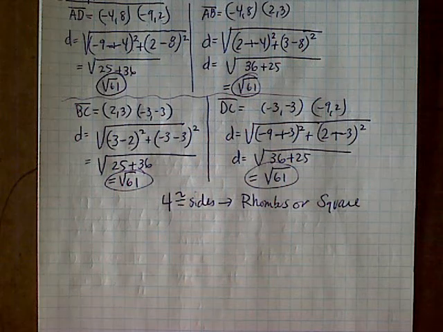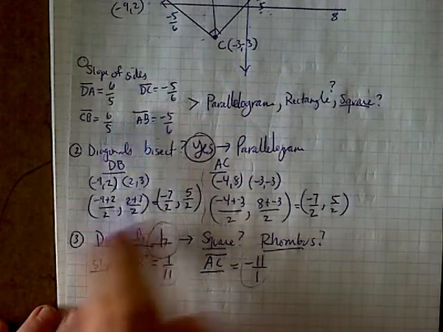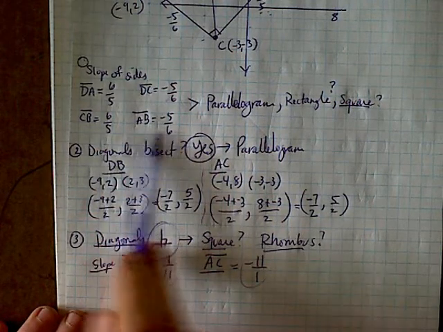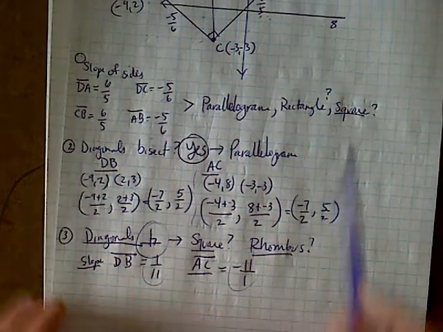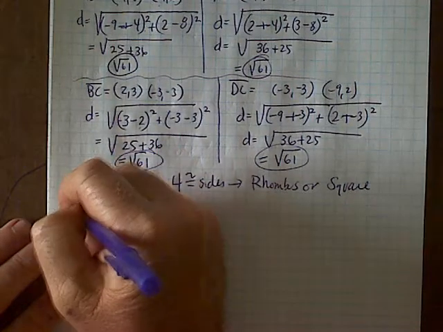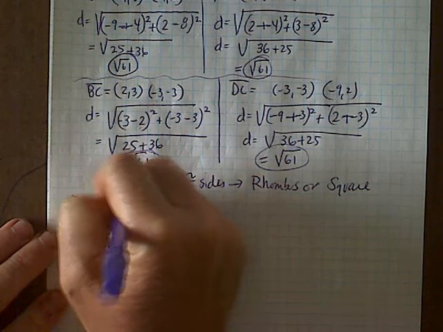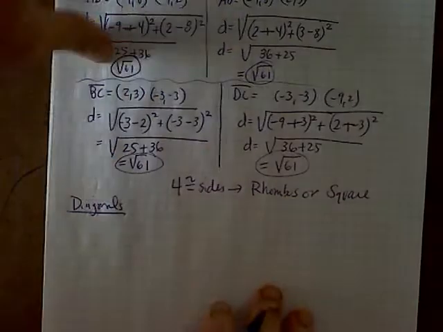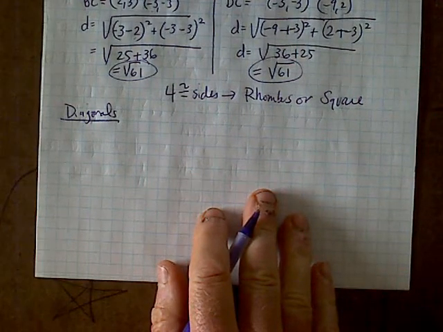We already talked about that the consecutive sides were perpendicular, so that made it a square. Let's check real quick with the diagonals, though. So let's do the distance of the diagonals. And this would be kind of your final thing that you could do on any of these questions.